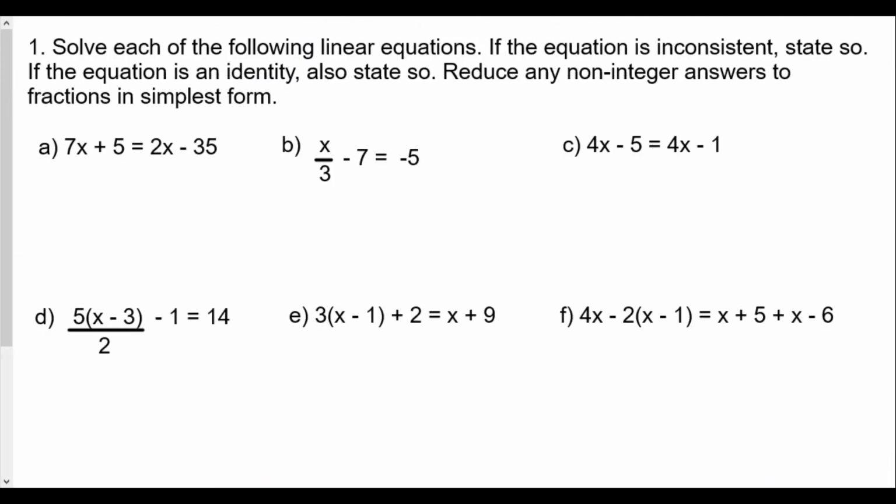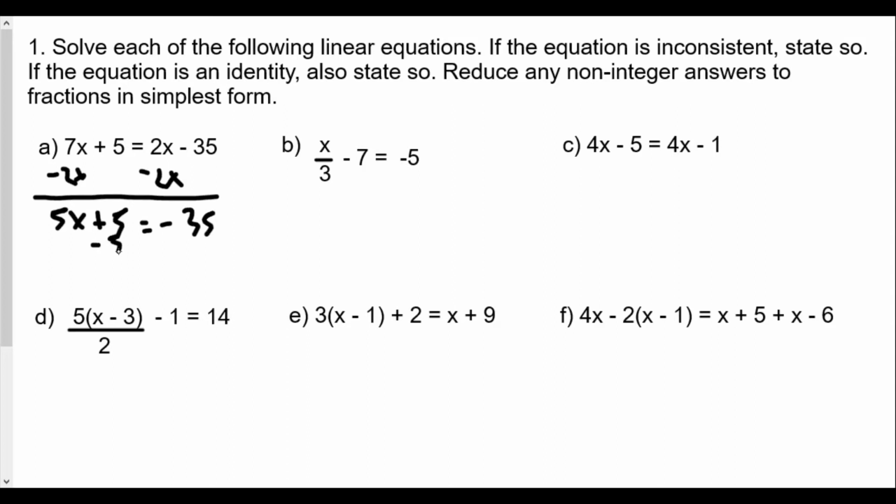So for the first one, we're going to solve this by balancing the equation. I personally like to take care of the variables first, so we're going to undo the smaller of two variables. So 7x plus 5 equals 2x minus 35. 2x is smaller, so we're going to subtract 2x from both sides. And we'll get 5x plus 5 equals negative 35.